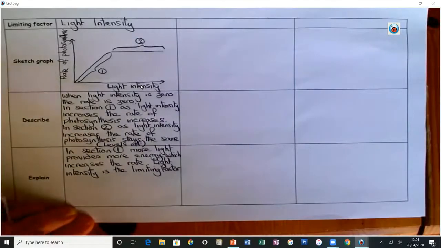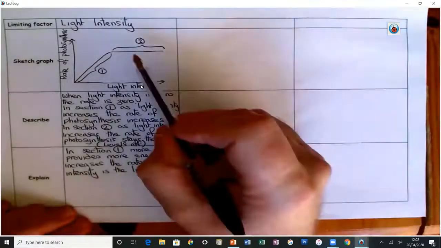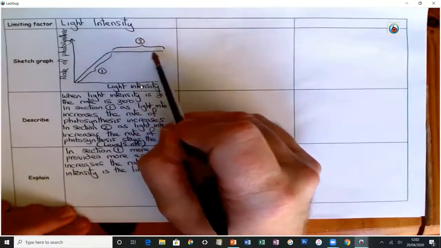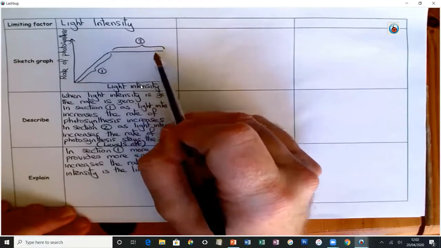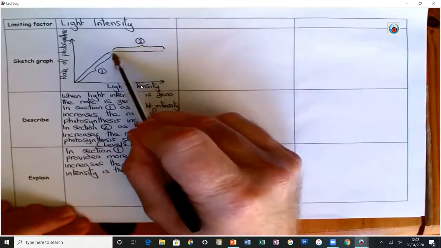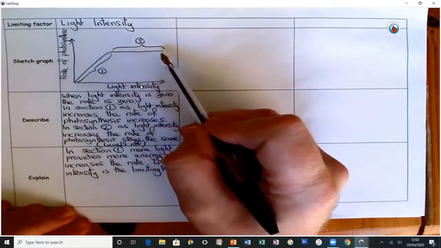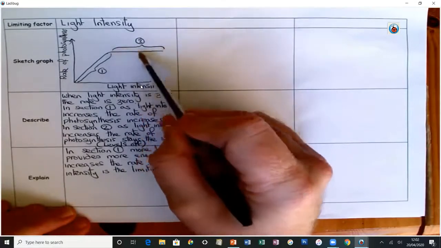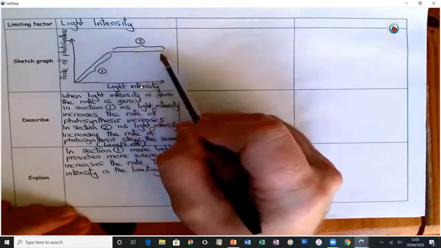This means that the rate is not as fast as it could have been because there's not enough light energy. In section 2, the rate no longer increases, and another factor is doing the limiting, and that's either going to be temperature or carbon dioxide concentration.